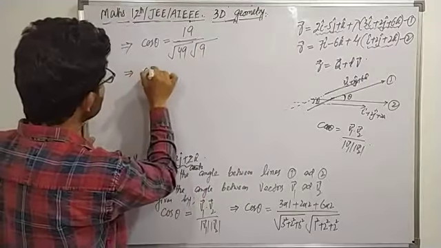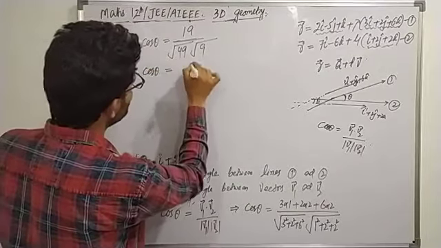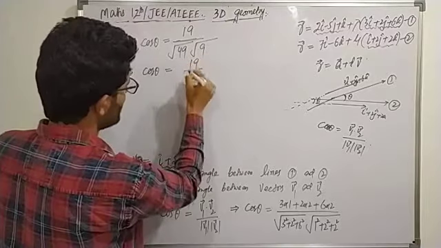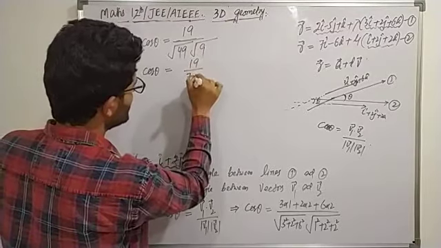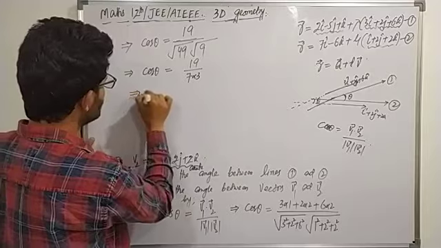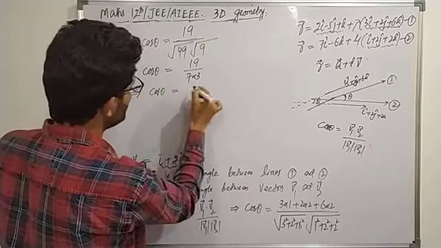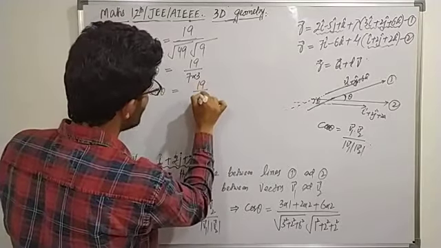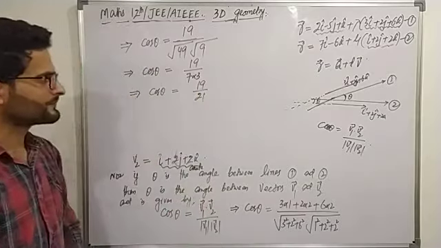So cos theta must be equal to 19 divided by square root of 49 which is 7, and square root of 9 is 3. So cos theta must be equal to 19 divided by 21.